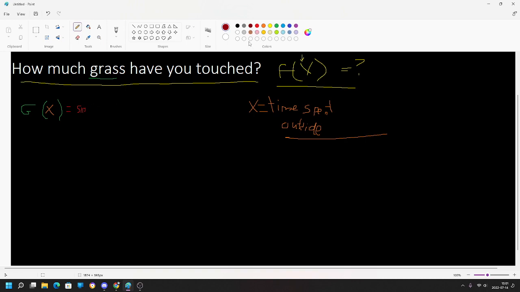And then sin equals the amount of sin, and sin is also predetermined. Yep, predetermined. So sin is predetermined, and we have to put parentheses for this function to actually work.